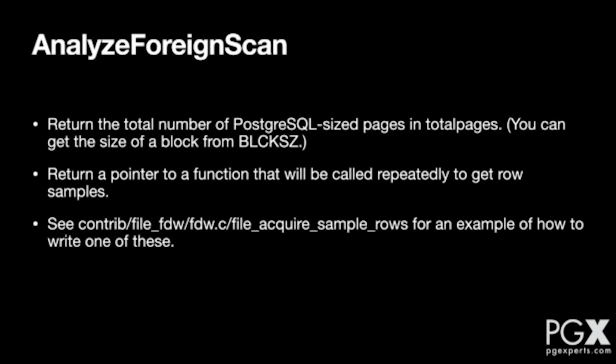You can get the size of a block from block size. It's usually 8K, but they can compile for a different number. So for example, if it was a file, you might take the file size, divide it by block size, and return that as an integer. You return a pointer to a function that will be called repeatedly to get row samples. You can look at the one in the foreign data wrapper for a sample implementation.